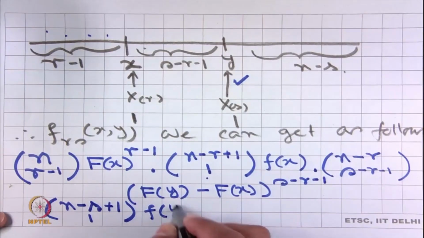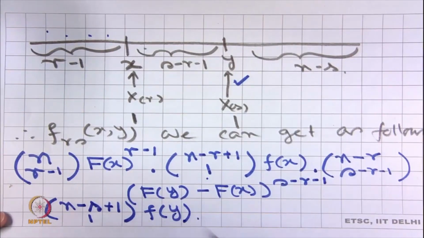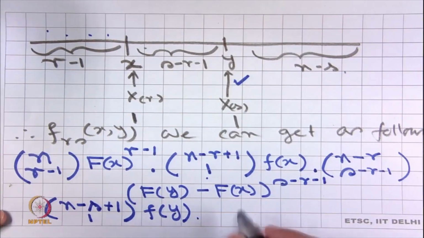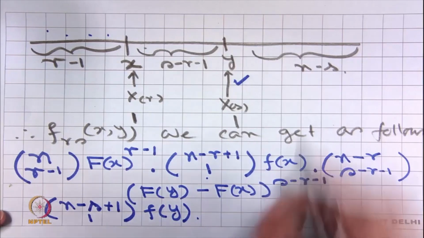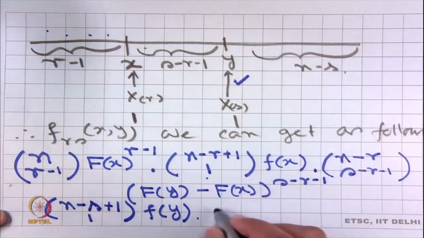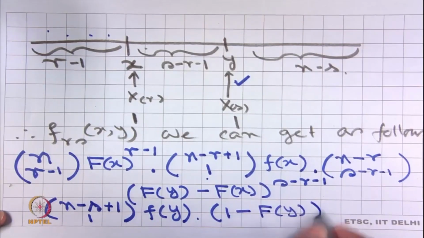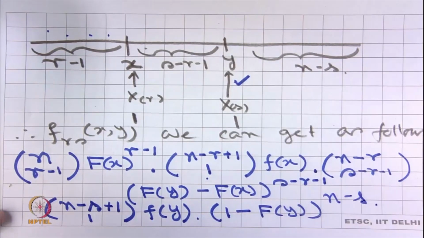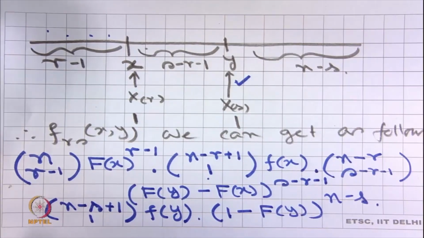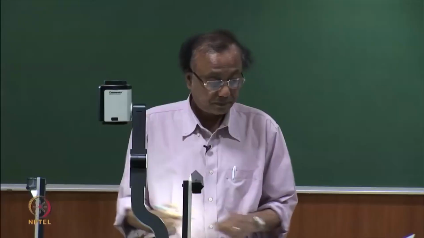So, that gives me f y. How many more are left? Only n minus s are left. All of them are assigned here. So, that gives me 1 minus F y whole to the power n minus s. It is apparently a complicated term, so let me simplify it.